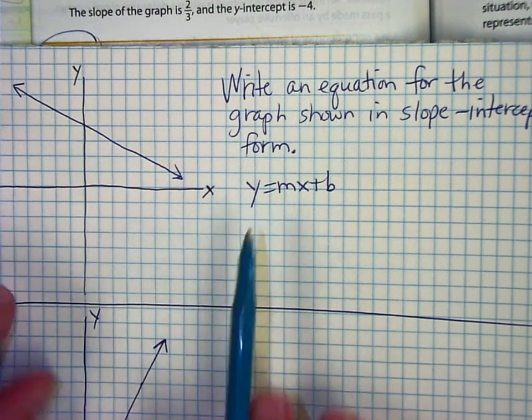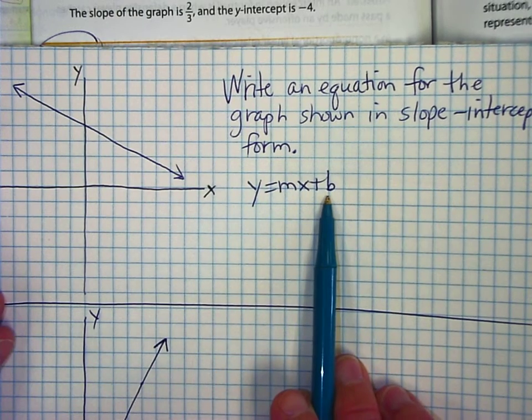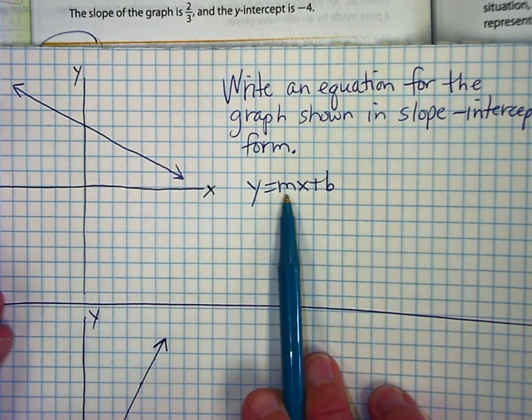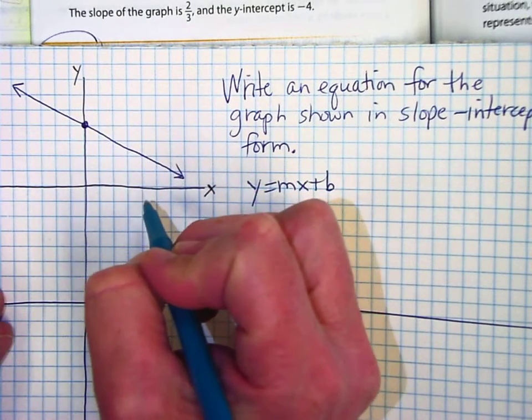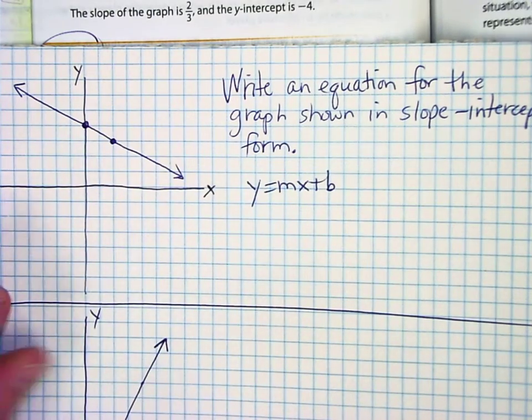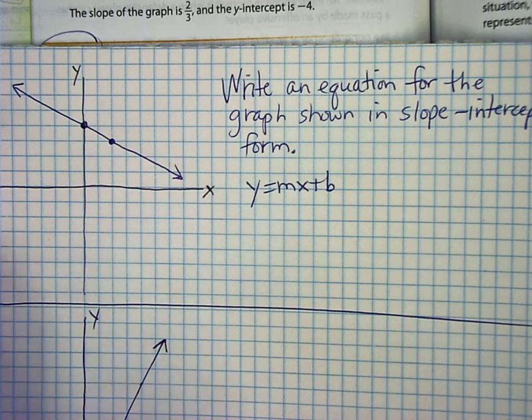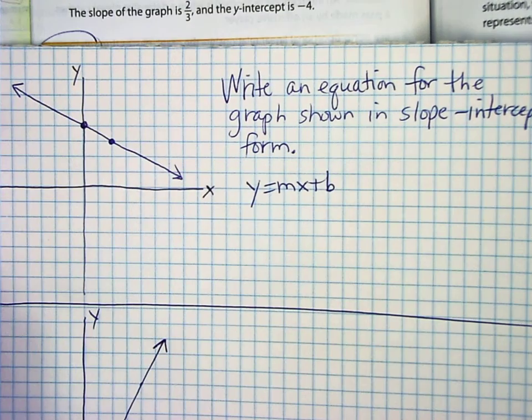Okay, so we have to find the slope, and then we have to find the y-intercept. So remember, for slope, locate any 2 points that land on your line. So I'll do these 2 points right here. Any 2 points that land on your line, and use rise and run to find the slope. Or I can use these coordinates and plug them into the change in y over change in x formula.